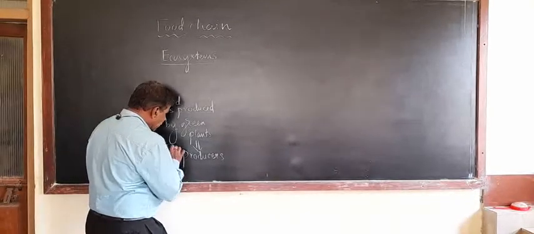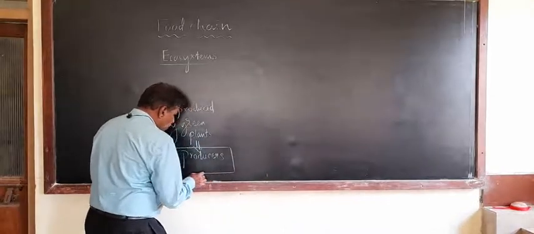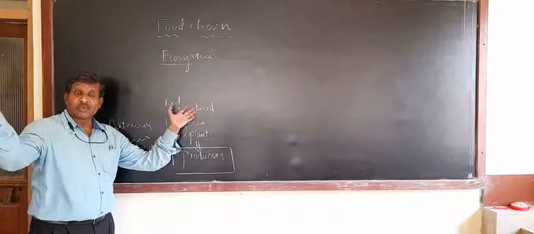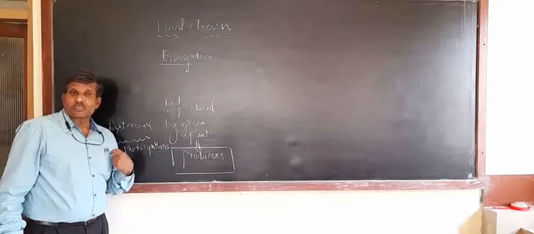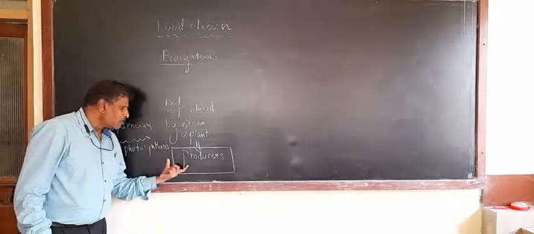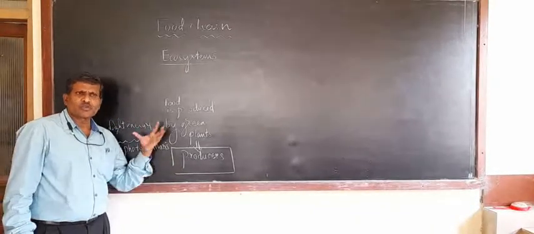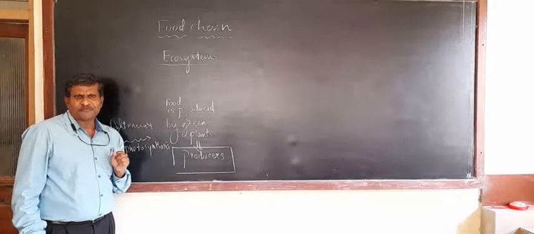We usually treat producers, I mean the green plants present in the different ecosystems, as the first organisms which derive the food.